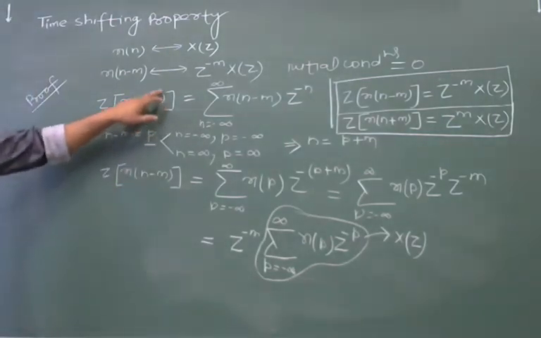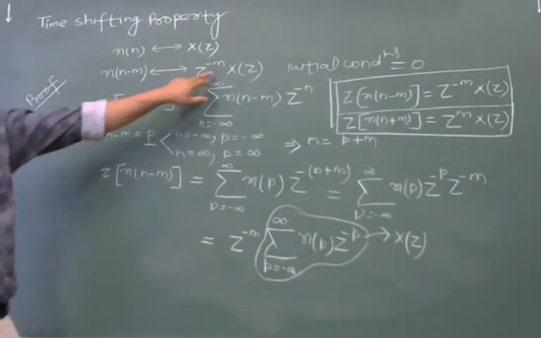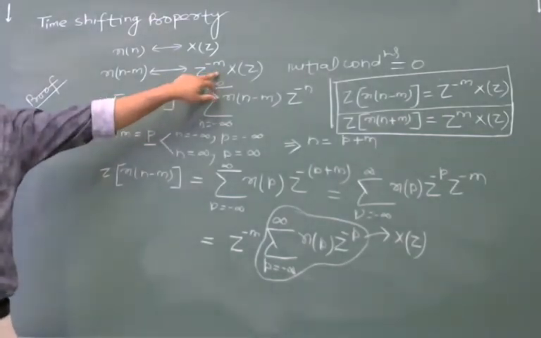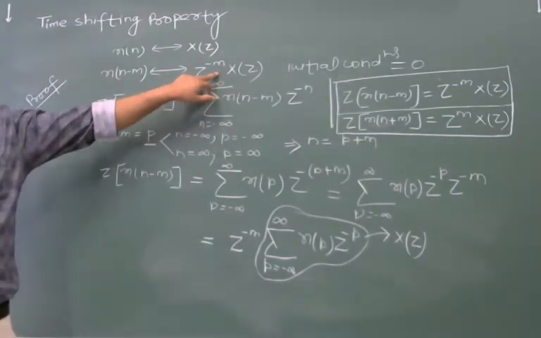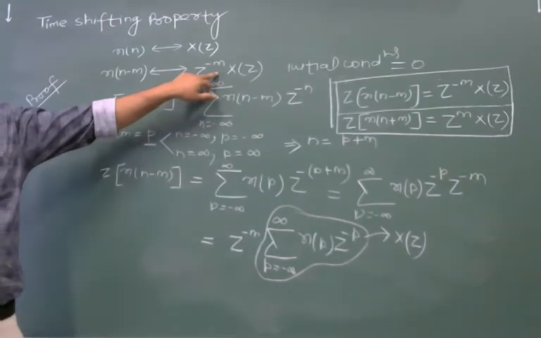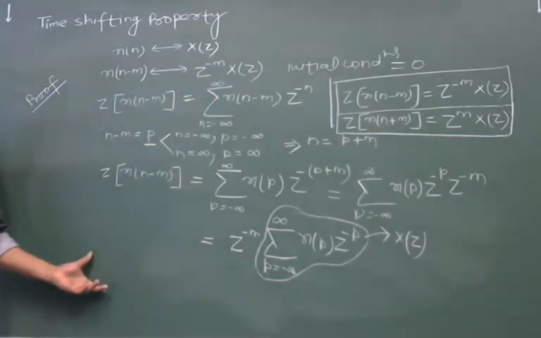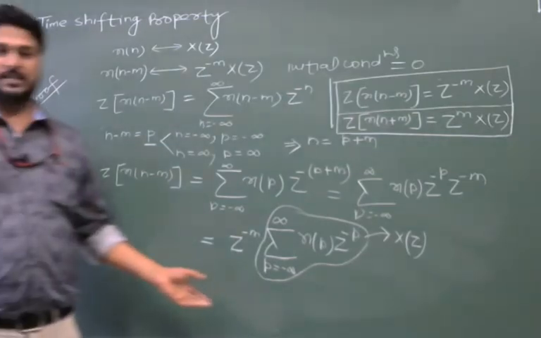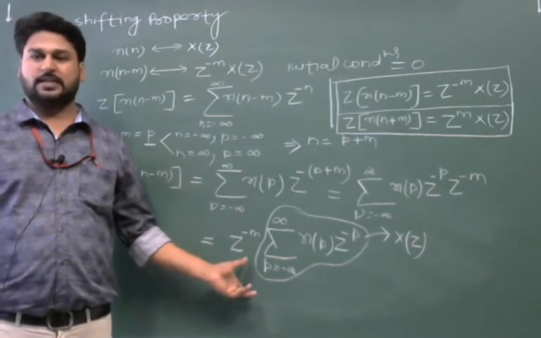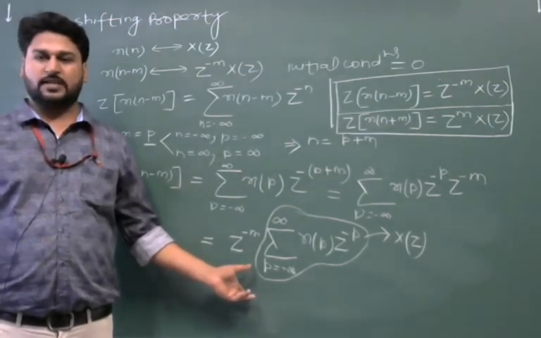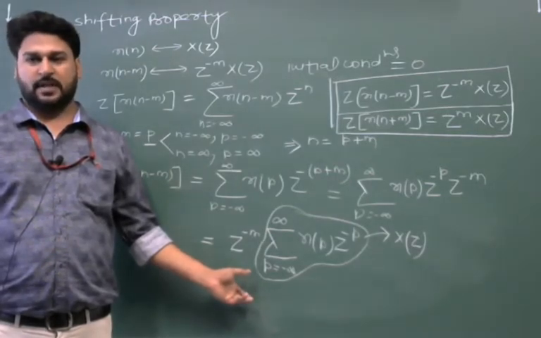If we are shifting the signal in the time domain, then in the frequency domain we have to multiply with z power minus m or z power m, depending on the direction of the shifting. Either we are shifting the signal left or we are shifting the signal right. Depending on this condition, we have to multiply the signal in the z domain by z power minus m or z power plus m. This is the time shifting property of the z transform.